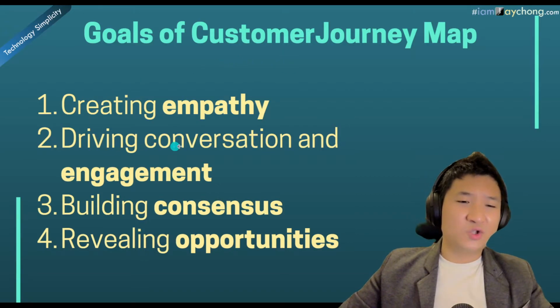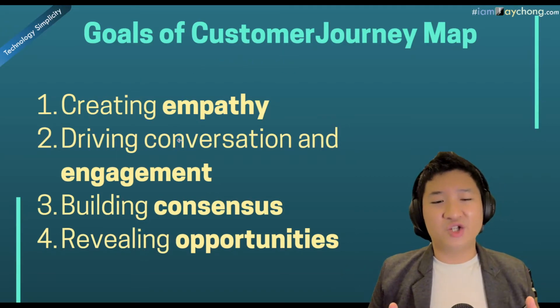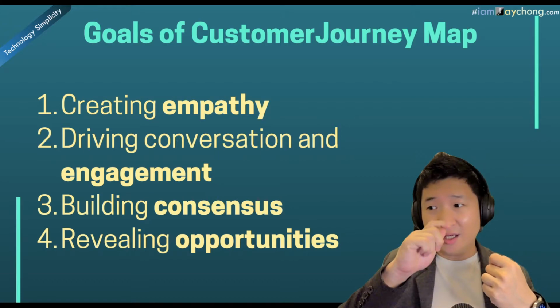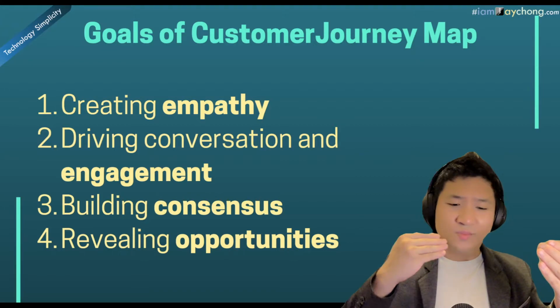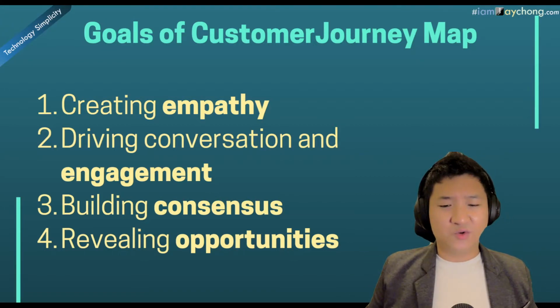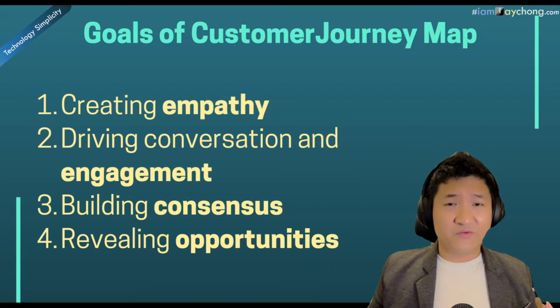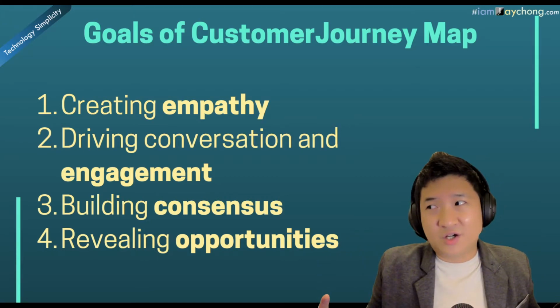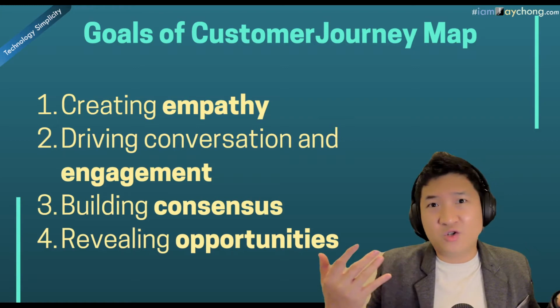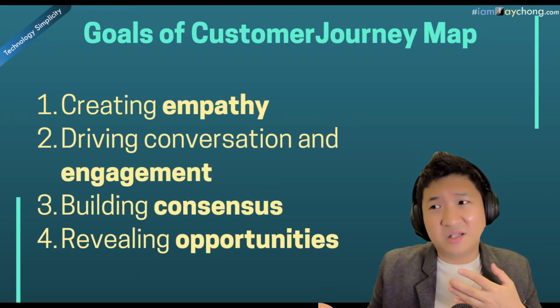Okay. Then number two is you need to drive conversations and engagement. Okay. So you don't really do it one way. It's like a user comes to an information board and then just downloads a few documents and bye bye. Come on, that is not a user journey, because you're not going to track them anywhere, you're not going to engage with them anywhere. So it's one way.